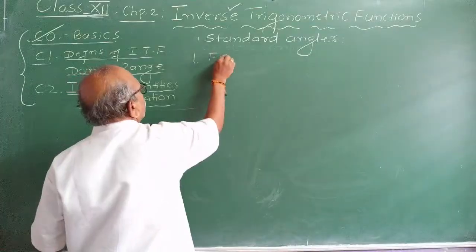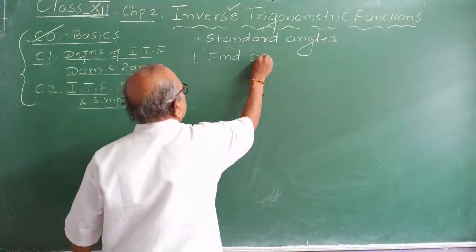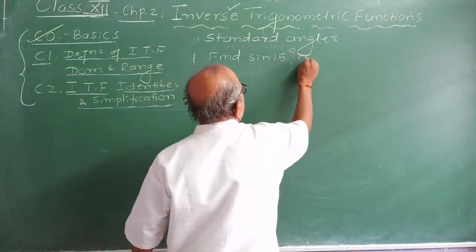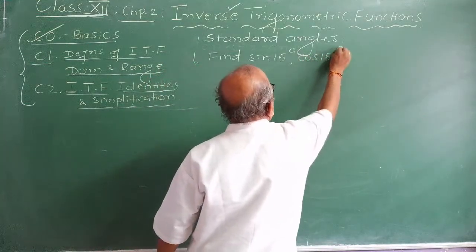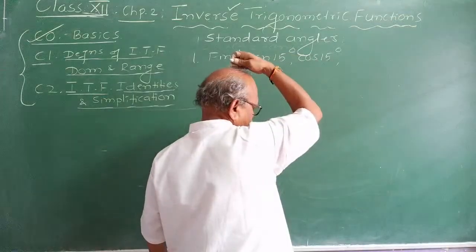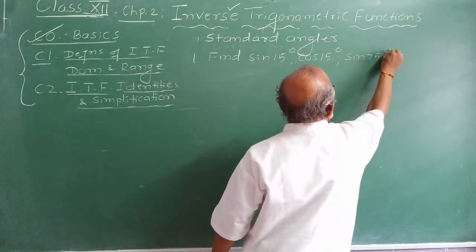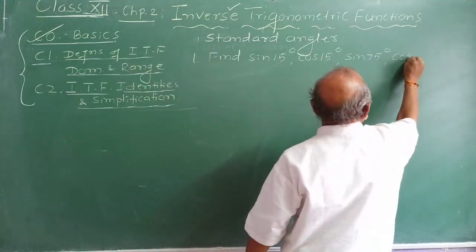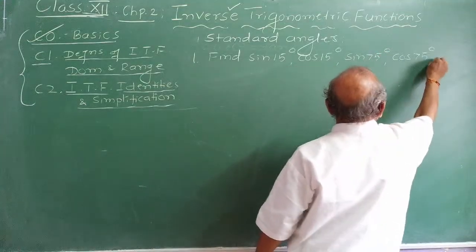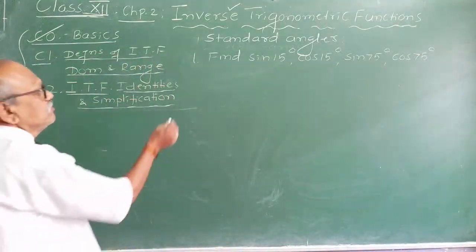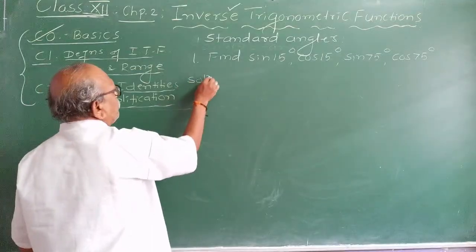Find sin 15 degree, cos 15 degree, sin 75 degree, cos 75 degree. Using compound angle formula, you can prove it. See, how can you find out sin 15 degree?